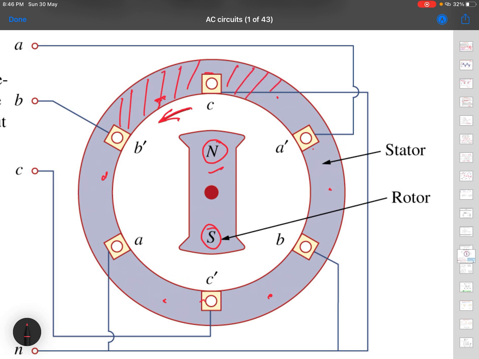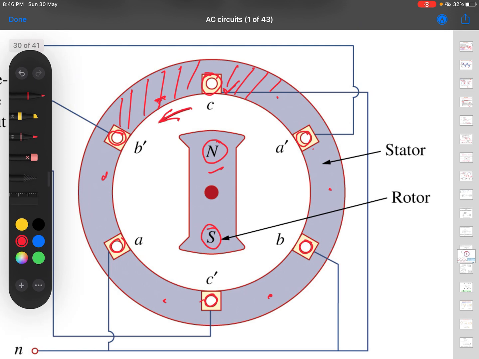In this structure there are conductors, which are essentially the coils. This magnet is rotated within these coils, and this rotation gives a variation of magnetic field which induces current in the coils.